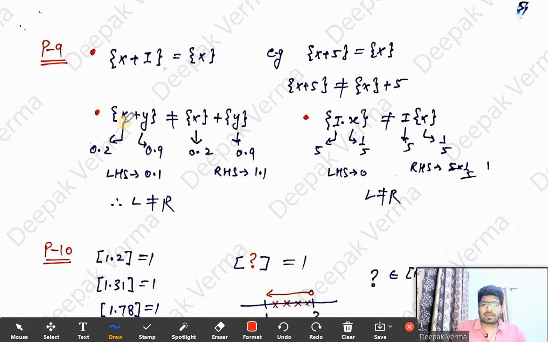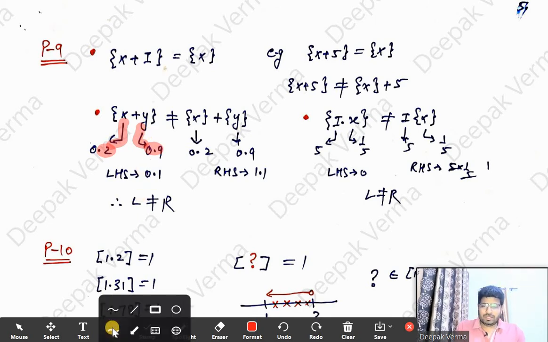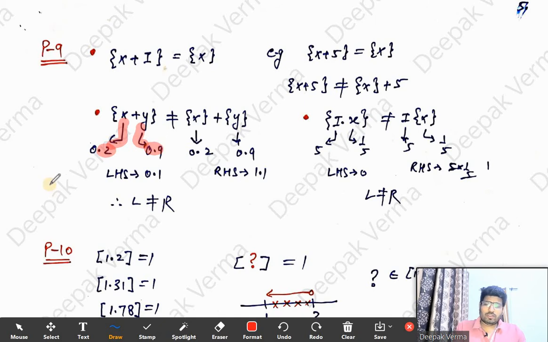For example, if we write x equals 0.2 and y equals 0.9 and we add, this is 1 point something, so the fractional part of 0.2 plus 0.9, this will be 1.1, and the fractional part of 1.1 will be 0.1. Got it? And the fractional part of 0.2 is 0.2. The fractional part of 0.9 is 0.9.